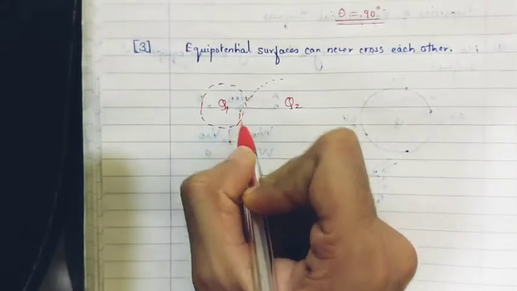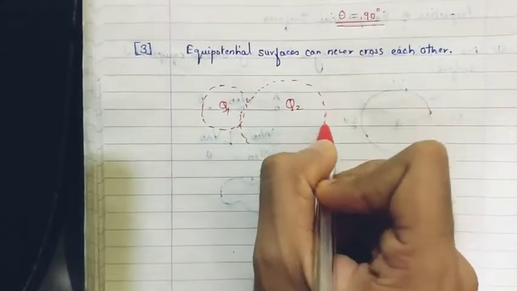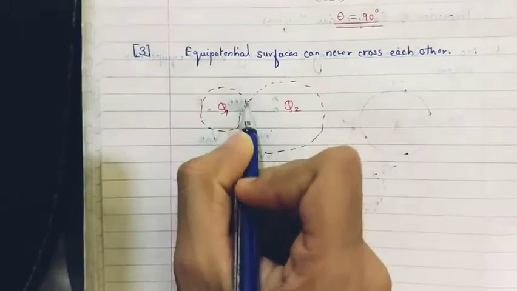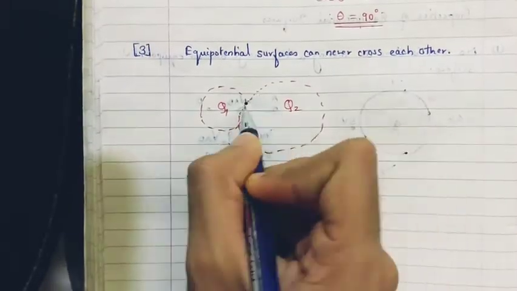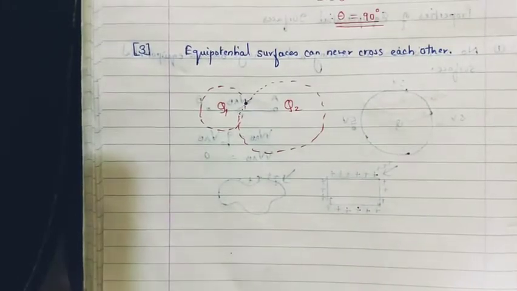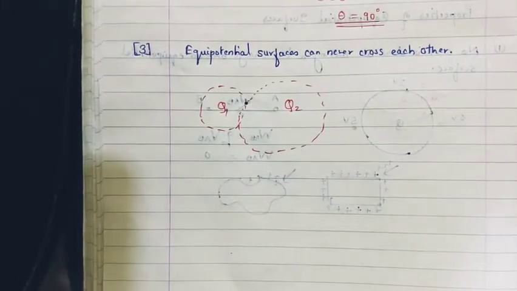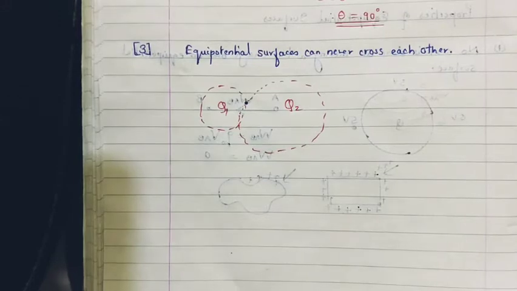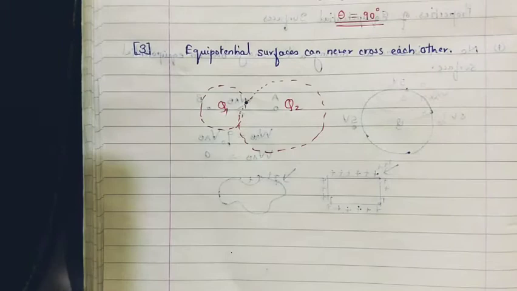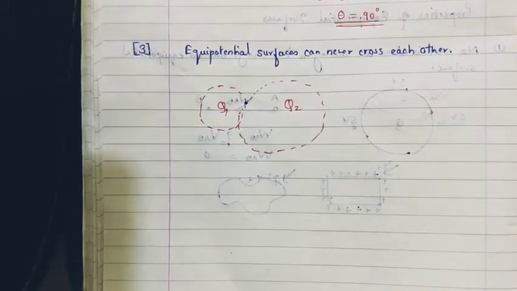So according to this, these two equipotential surfaces will not cross each other. Why? Because at this point of intersection, obviously there will be two values of potential, which is not possible. One point can have only one value of potential. So that is why we say equipotential surfaces can never cross each other.